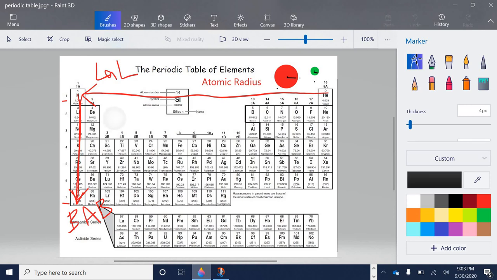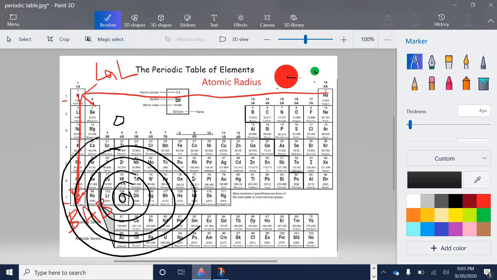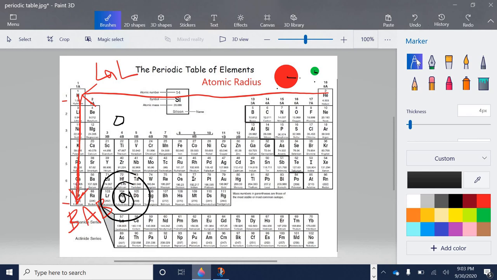One energy level, which I'm trying to draw here, versus 1, 2, 3, 4, 5, 6, and you can see I probably can't even fit this on here, 7. So that is a huge difference in size. If you increase the energy levels, you increase the radius.